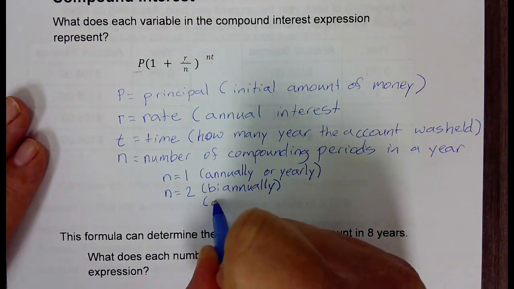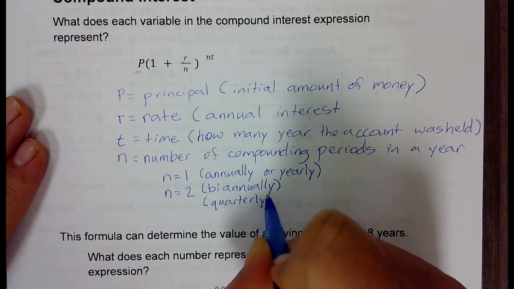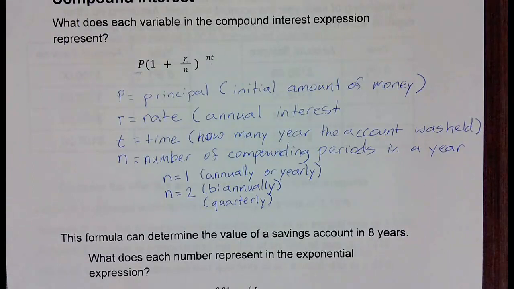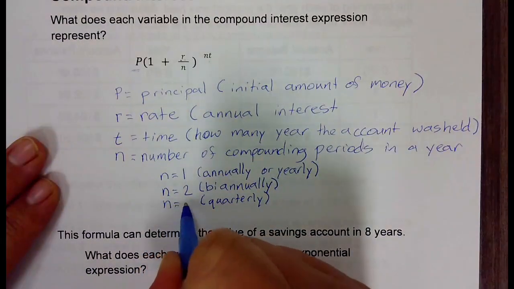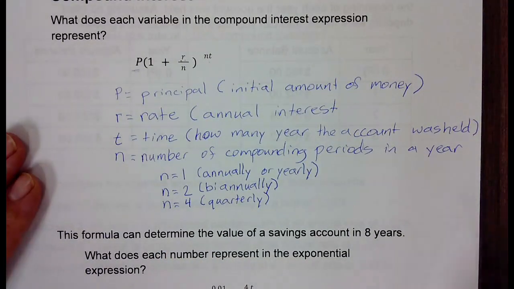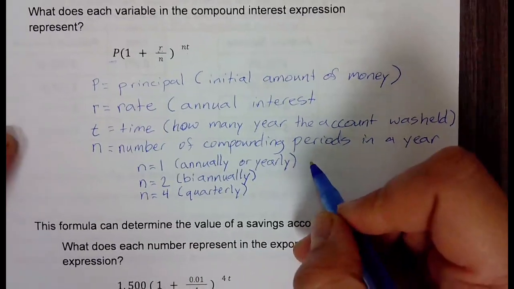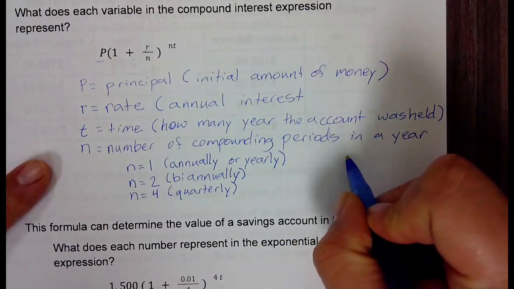If it compounds quarterly, you can think of 4 quarters in a game or 4 quarters in a dollar, 4 quarters in a year. N equals 4. It might compound more than that. Some other examples are if it compounds monthly.